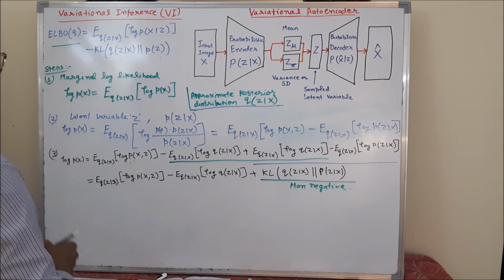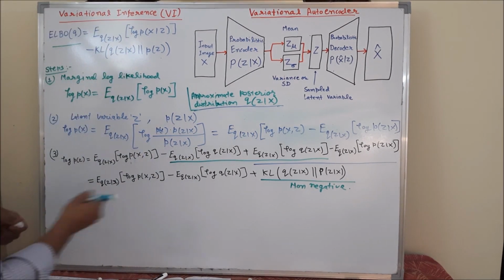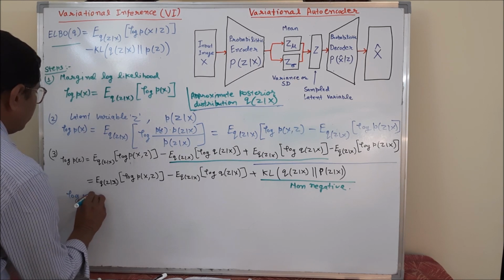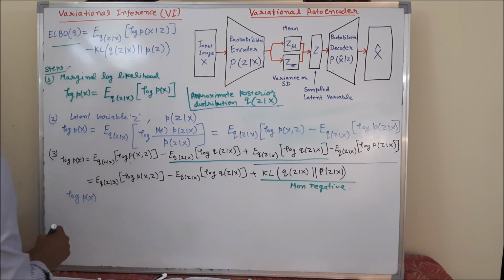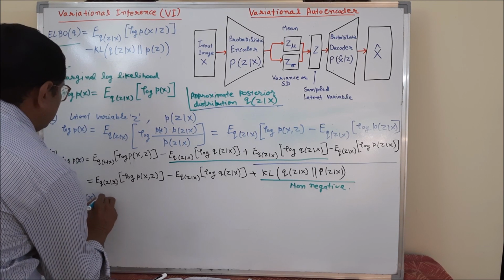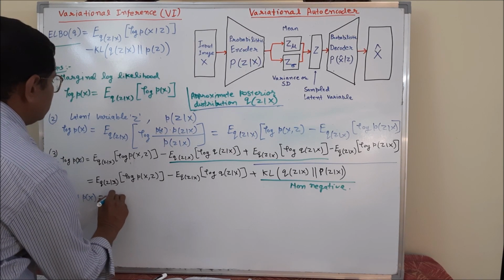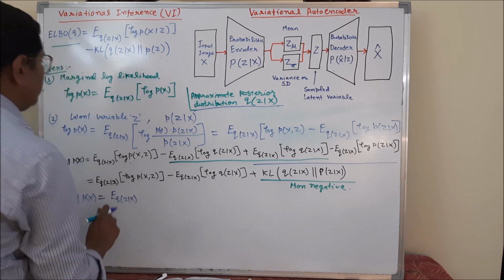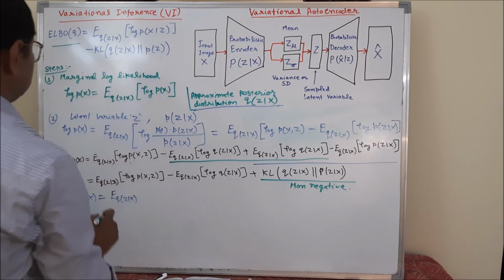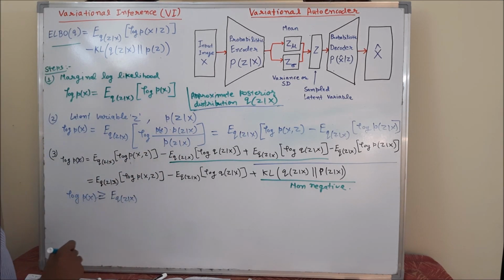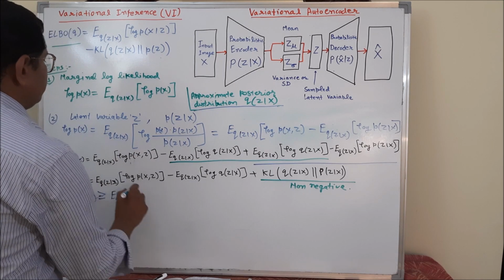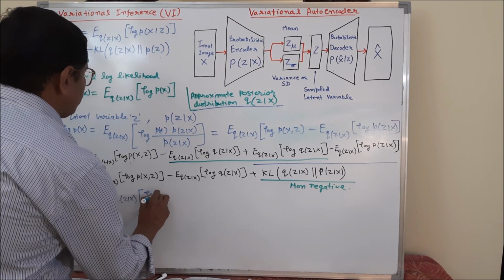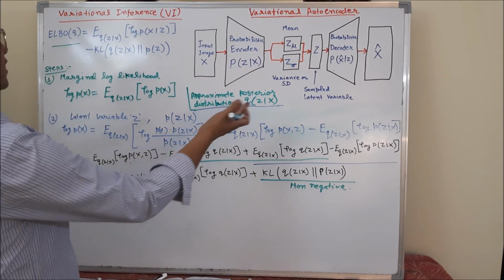So in this case we can say that log P(X) is greater than or equal to the expectation under Q of log of the joint probability, minus the expectation under Q of log Q. We can expand this if we want.